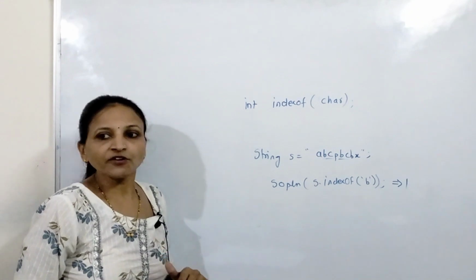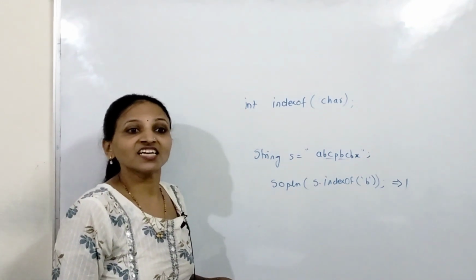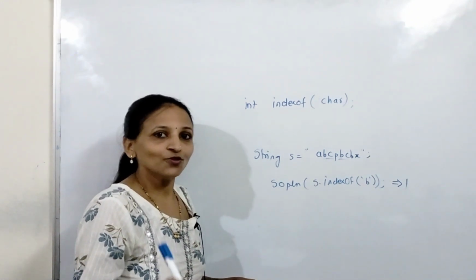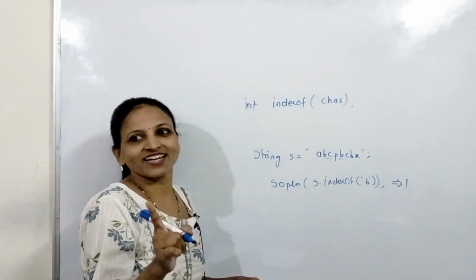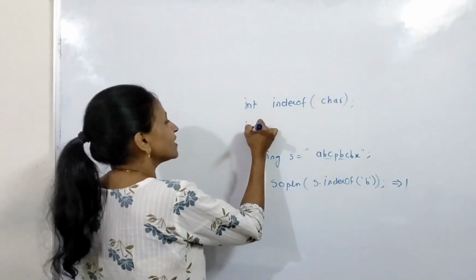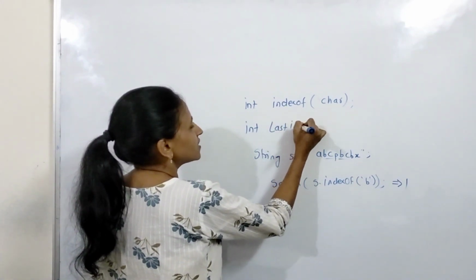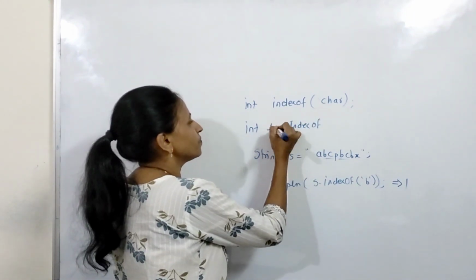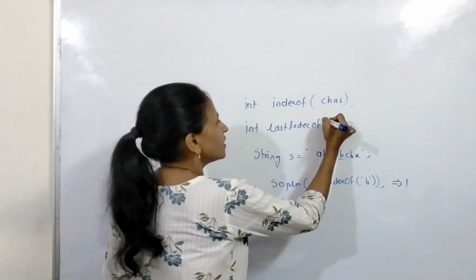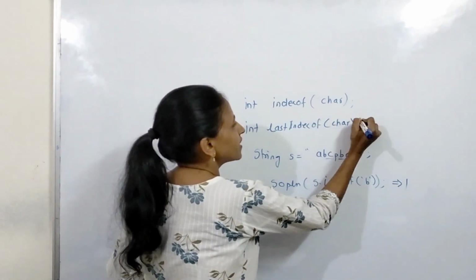And there is one more function, that is lastIndexOf, that will give you the last occurrence of that character. Means indexOf gives the first occurrence, and lastIndexOf the last occurrence. And here again you have to pass that character.